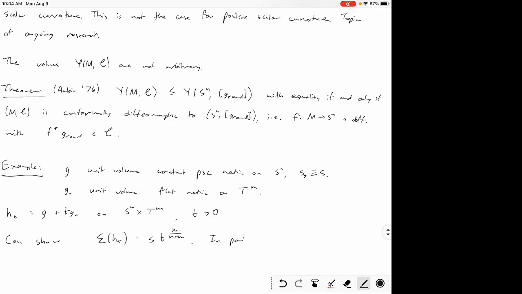So in particular, for t large enough, this value is bigger than the value of this conformal class of the sphere of the same dimension with the round metric. This is just some finite number. As t gets larger and larger, eventually this thing will be bigger than that number.